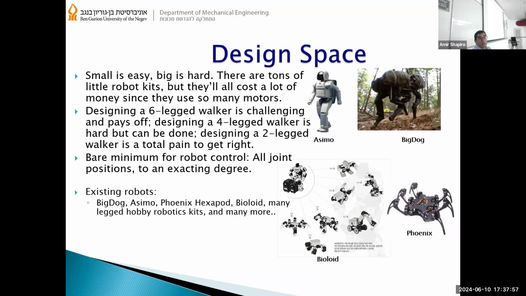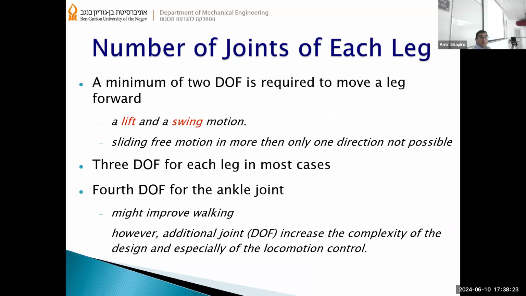The minimum thing that we need is that all joints will be actuated, and we can control the leg to put it in any place that we want. There are examples here of several robots. The number of joints.